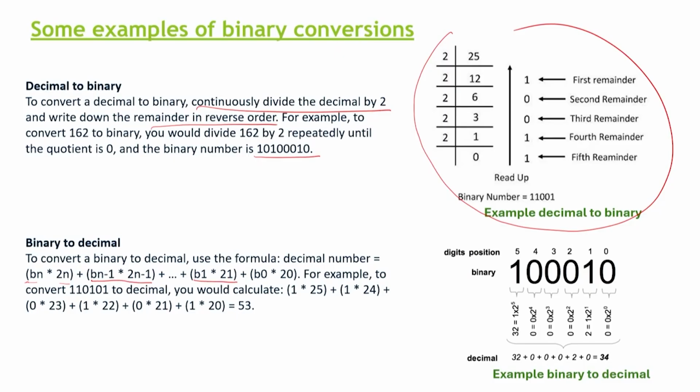For example, if your signal is say 110101, that is 1, 2, 3, 4, 5, 6 digits. You need to calculate this, so you go for 1 and see the corresponding value of the nth order, which is 2 to the power n minus 1, and then like that you come down to 1 times 2 to the power 0.